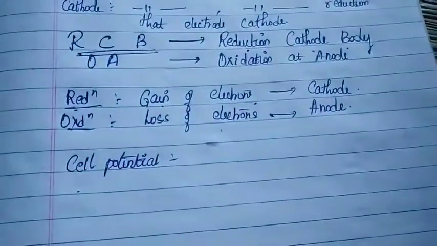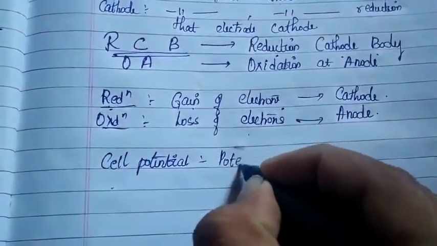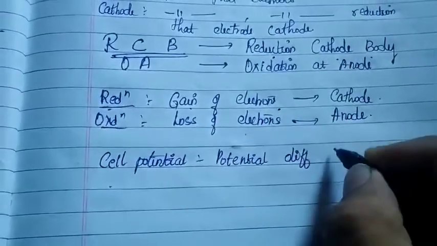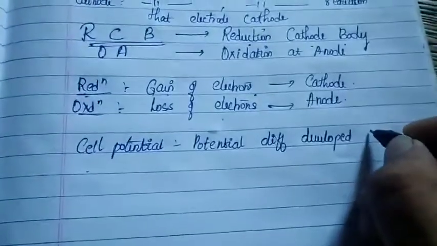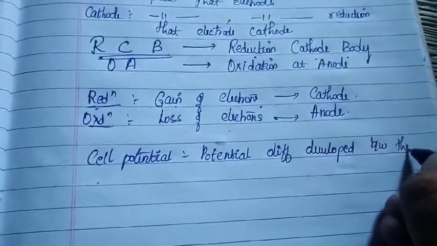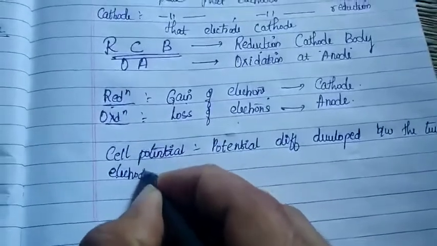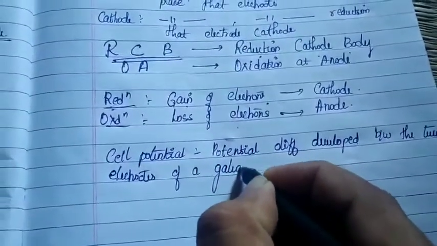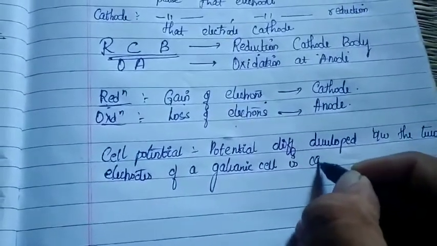So how can you define the cell potential? The potential difference developed between the two electrodes of a galvanic cell is called cell potential.